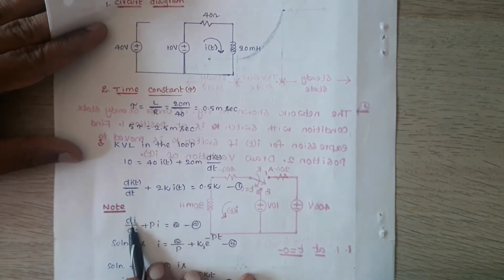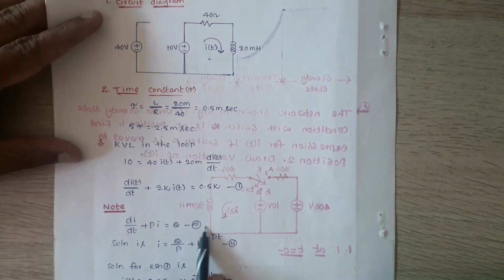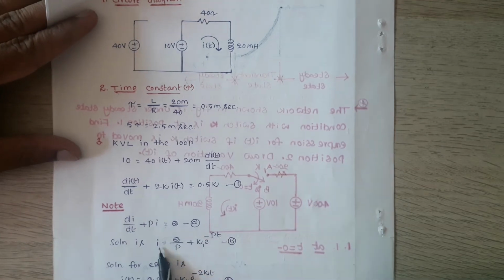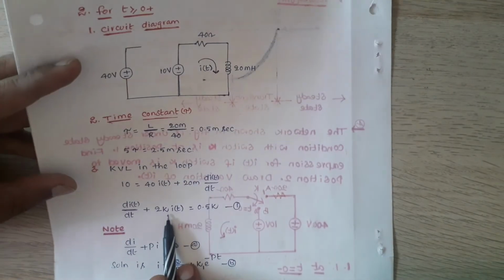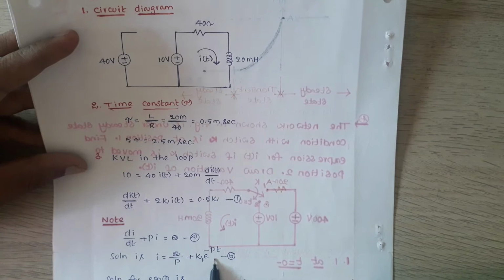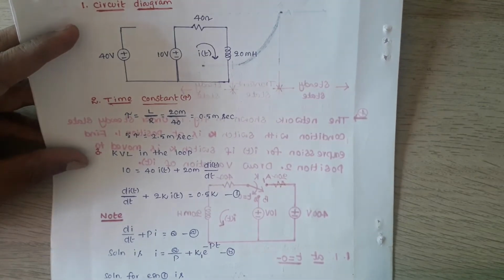So it is in the form of di by dt plus pi equal to q. Take this as equation A, and the solution of this equation A is I equal to q by p plus k1. Because k we are using for 1000, take the constant as k1 e power minus pt.